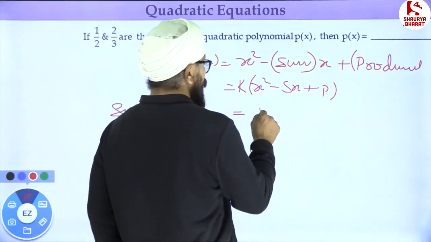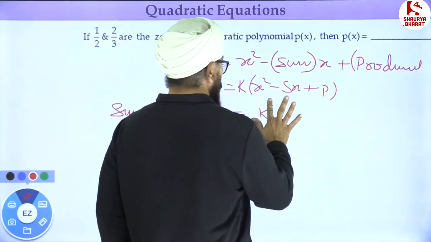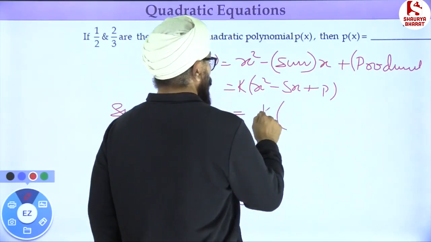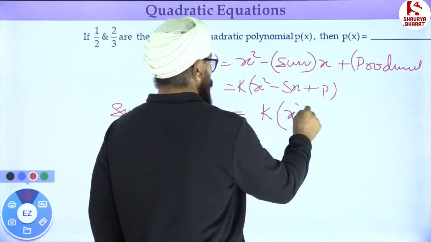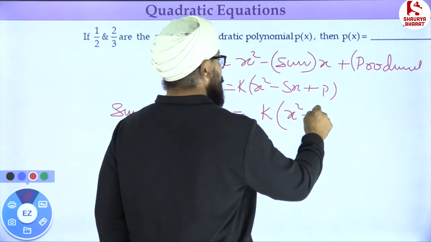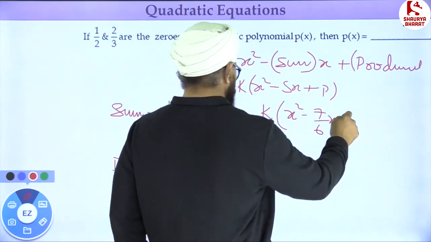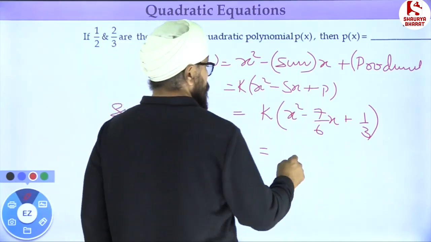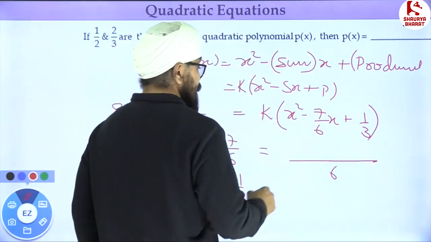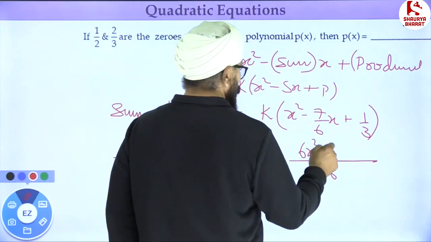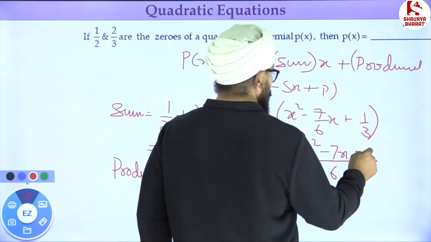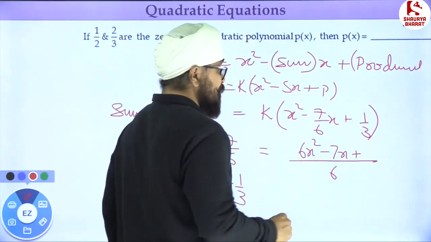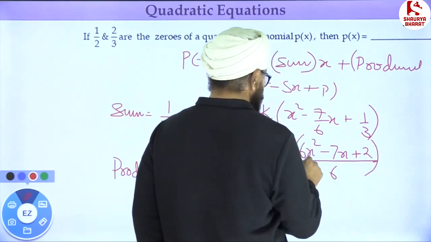Now this equation will become k times x square minus the sum, 7 upon 6 x, plus the product, 1 upon 3. Now if I take the LCM of 6, this becomes 6x square minus 7x plus 2, and this is k.